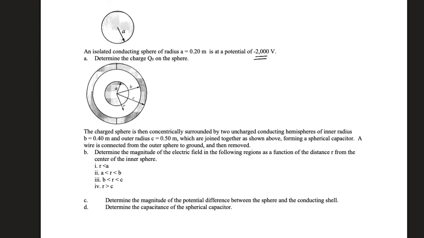What question they didn't ask, and I want you to think about, is, does the potential on the inner surface change when the shell is placed on the outer surface? And that's related to question C.